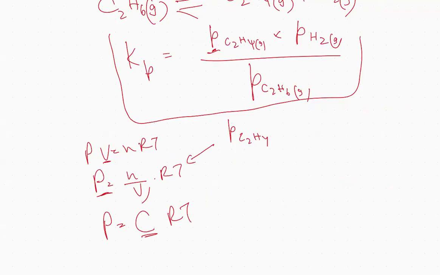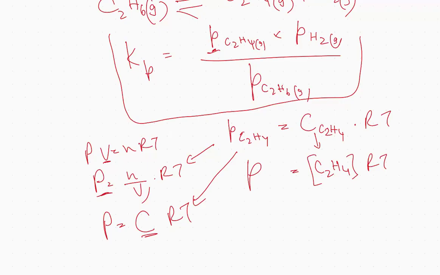It could be written as concentration of C2H4 times RT. We can write it this way too, because we are used to the square brackets. So concentration times RT equals the partial pressure of C2H4, correct? We are trying to get a comparison.